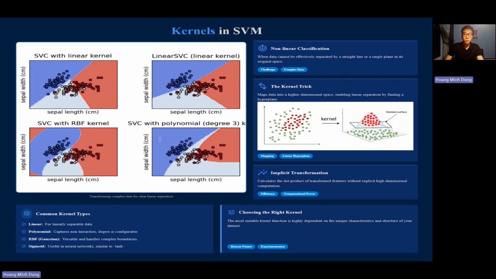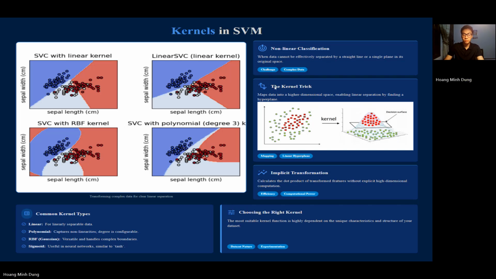Now, what if the data isn't simple, like a straight line? This is a common challenge known as nonlinear classification, when the data can't be separated by a single plane in its original state. So we have to use kernels.